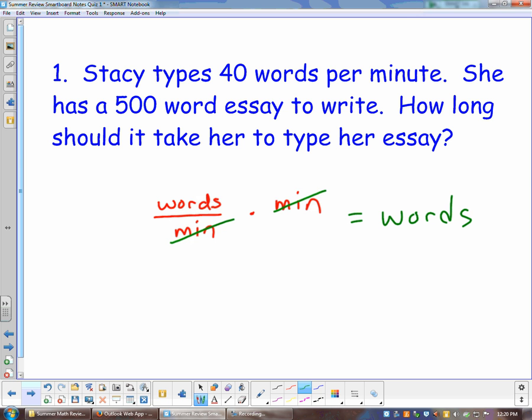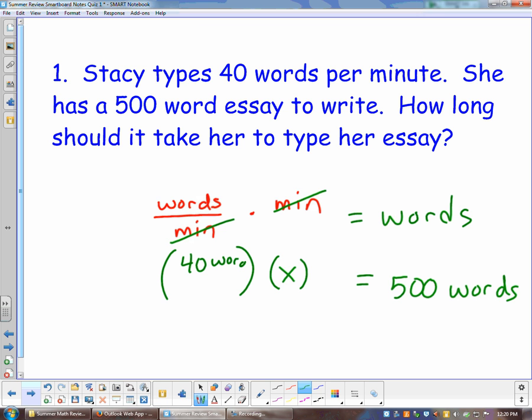In this case, she has a 500-word essay to type, so 500 words equals how many minutes? We don't know. X minutes, times her words per minute. She types 40 words per minute, and I'll put my units in there, how many minutes that will take.